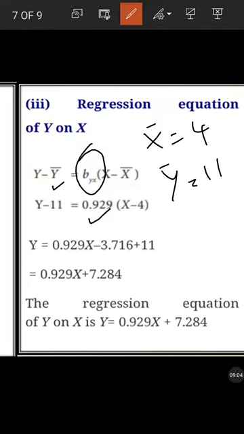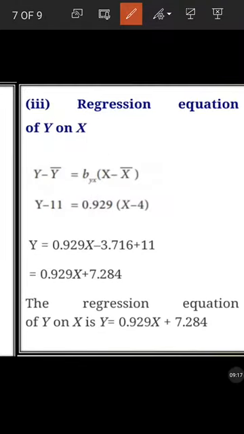y minus y bar, that is y minus 11. Similarly, where x minus x bar is, 4. So this byx is 0.929. You know this calculation, don't you? So I will teach this also. What is this? How to remove this bracket. So 0.929, the bracket is here, 0.929 into x minus 4.